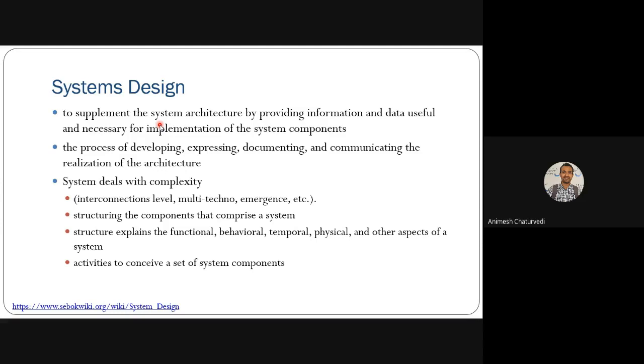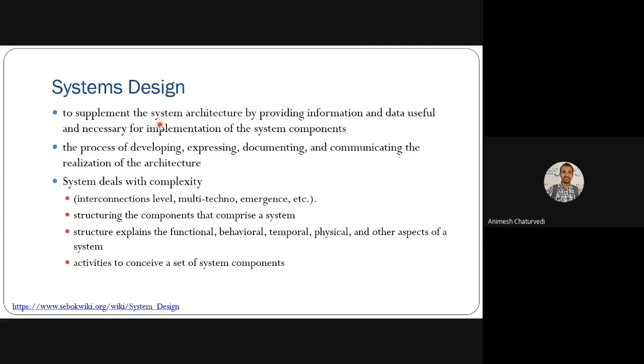For example, interconnection level, multi-technical persons. Emergence means the property which comes after all components start working together. Then the structuring of the components that comprise the system. Then there are various structural, functional, behavioral, temporal, and physical logics. All these things need to be explained.